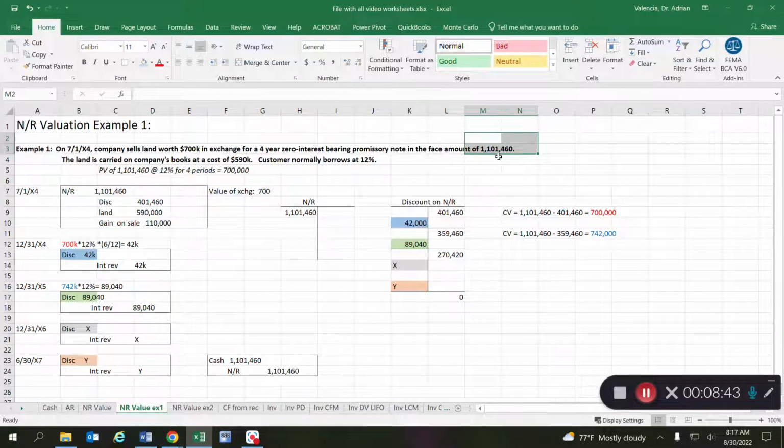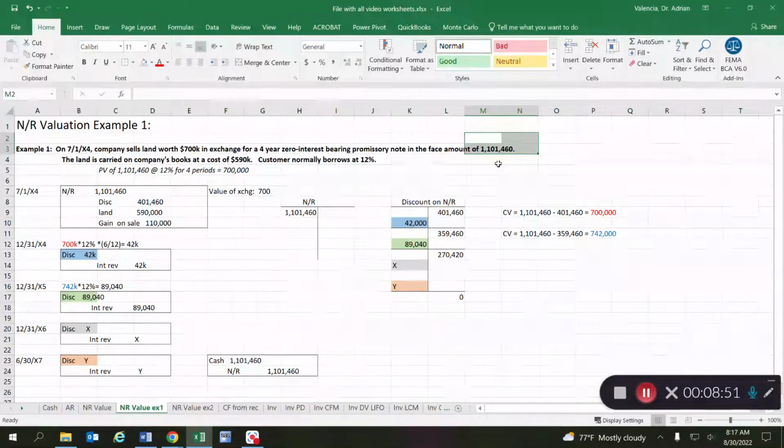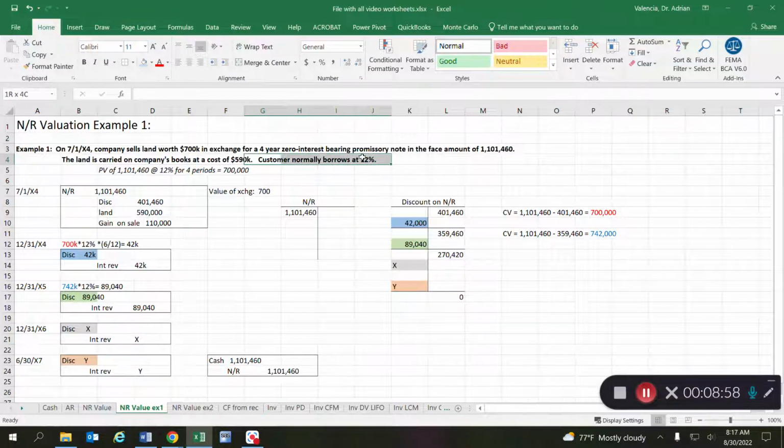Now, internally, we need to know what the present value of that 1.1 million is. And even though we said it was 0% interest, we're still going to figure out what the customer's risk profile is. In this case, the customer usually borrows at 12%, and we determine that that's their corresponding rate.